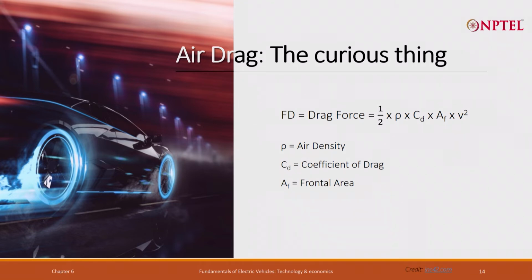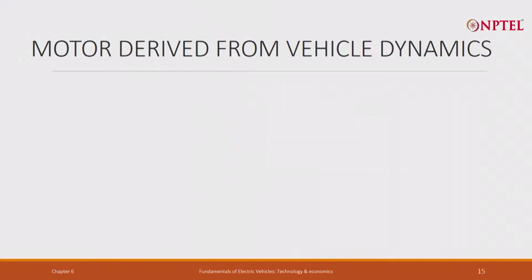All these things do not change when the vehicle is moving, but as the vehicle starts moving, what does change is the velocity, and when the velocity changes, the force of air drag itself changes. So now that we know all the forces, let us look at all of them together.